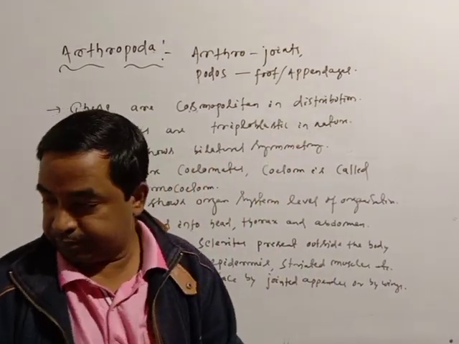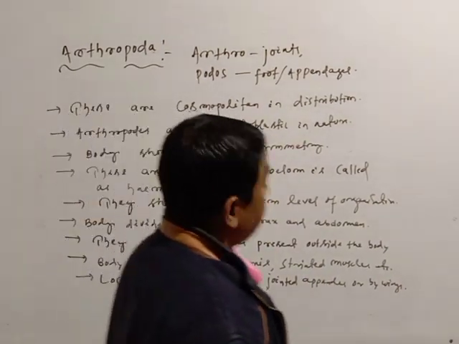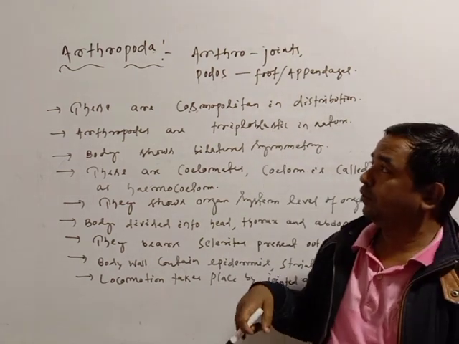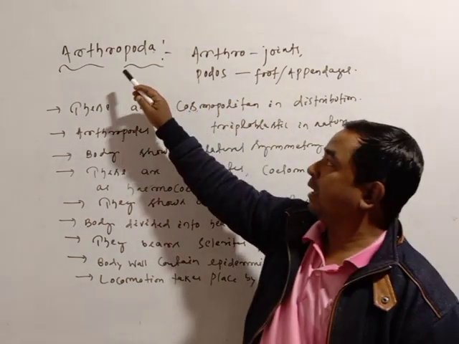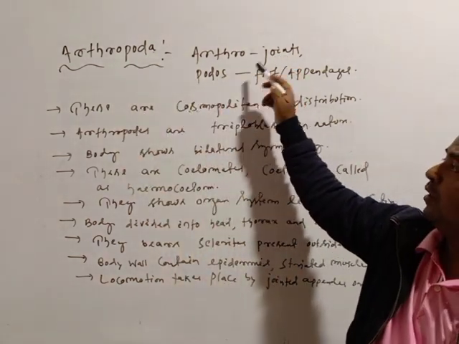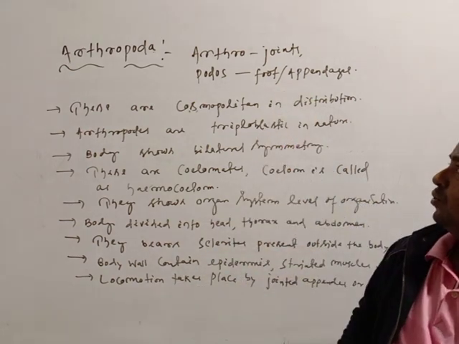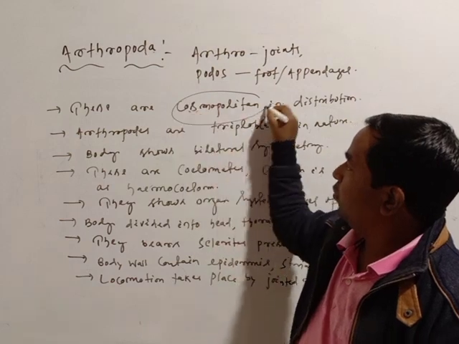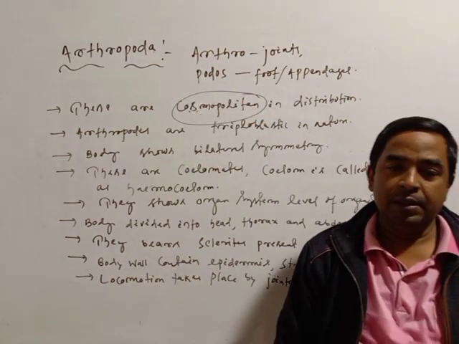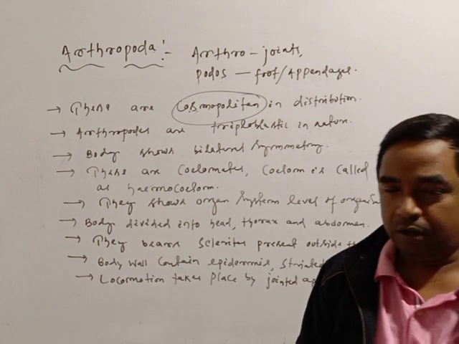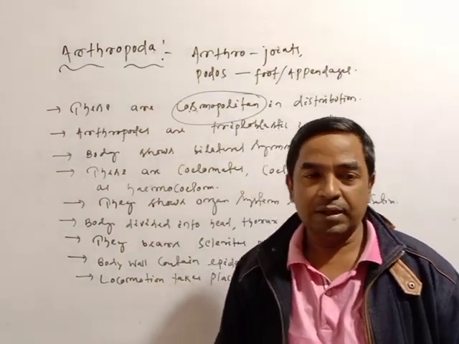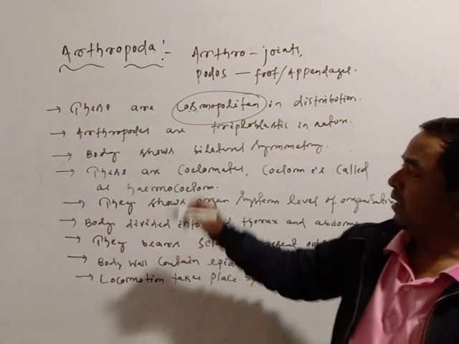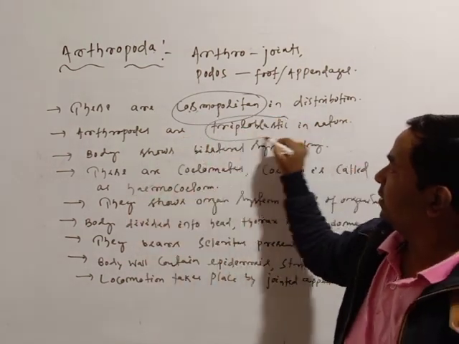If you have studied in 9th class, you know it was named arthropoda. So arthros means joint, podos means foot. These are cosmopolitan. Cosmopolitan means those organisms are present throughout the world, in different regions of the earth. That's why cosmopolitan in distribution. Arthropods are triploblastic.